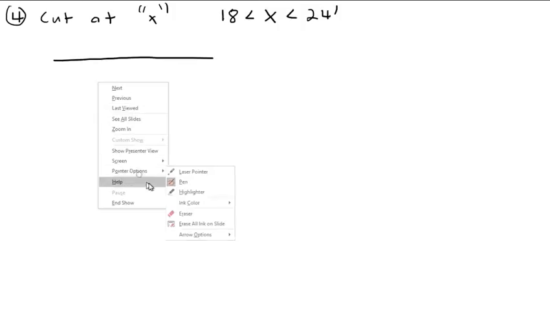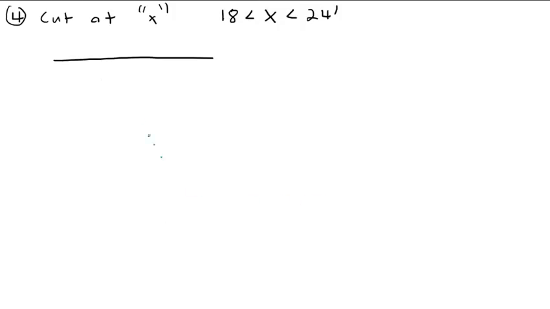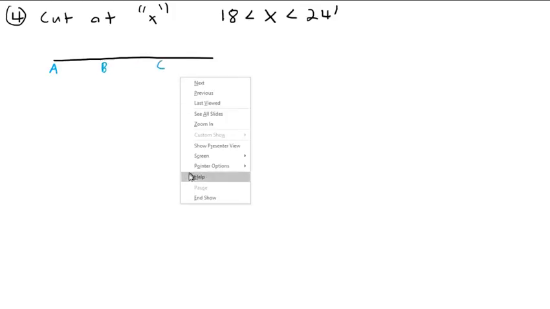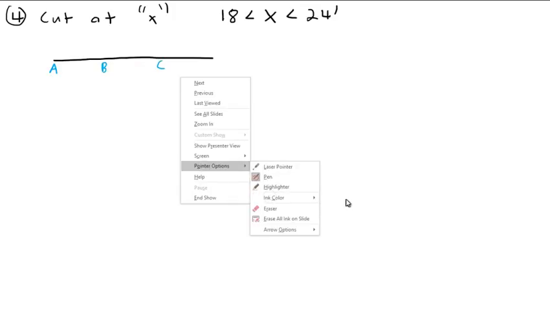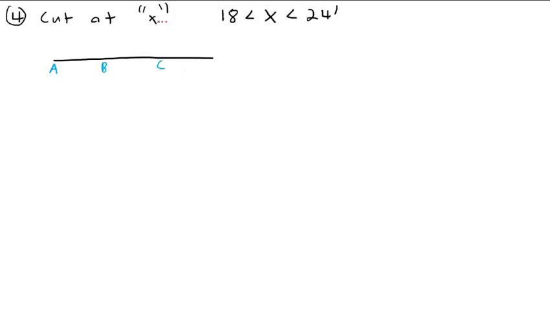And let me label some points and dimensions and forces, and I'll go a little crazy. A, let's say B and C. Draw my loads in red. Here. Nice distributed load.